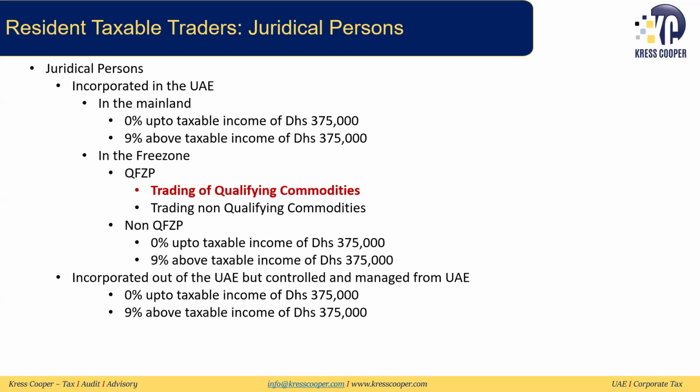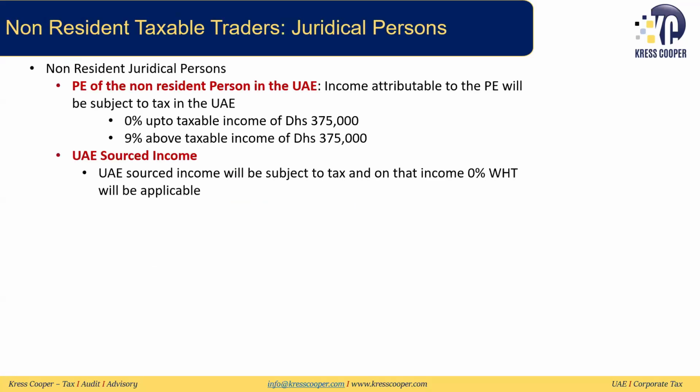But right now we will be discussing the taxability for those traders who are trading in qualifying commodities. The non-resident juridical person could be a PE of a non-resident person in the UAE, which will also be subject to the same taxability: 0% up to the taxable income of 375,000 and 9% over that.